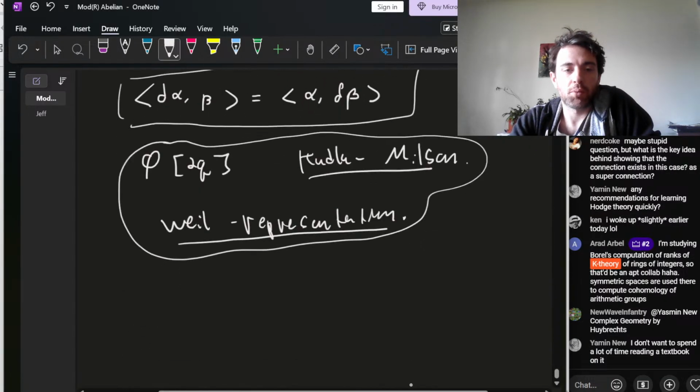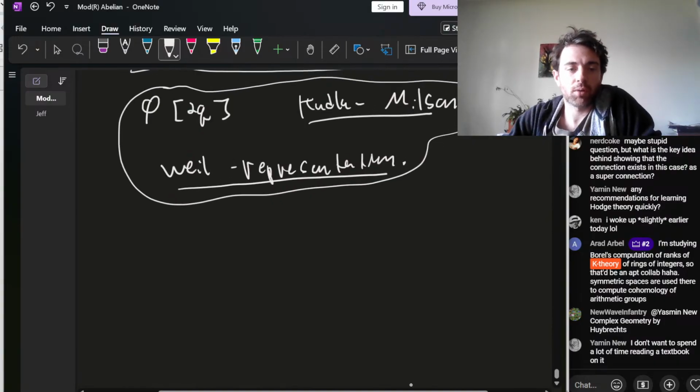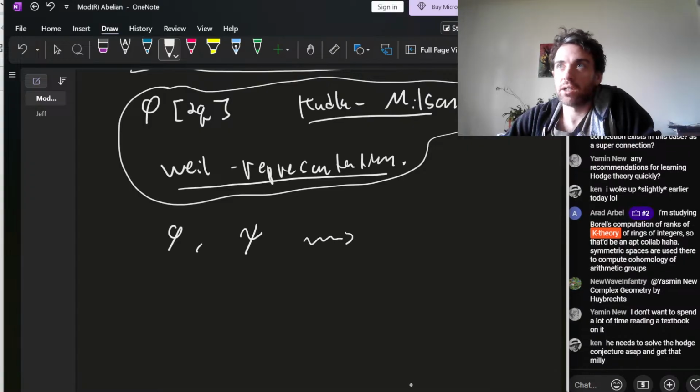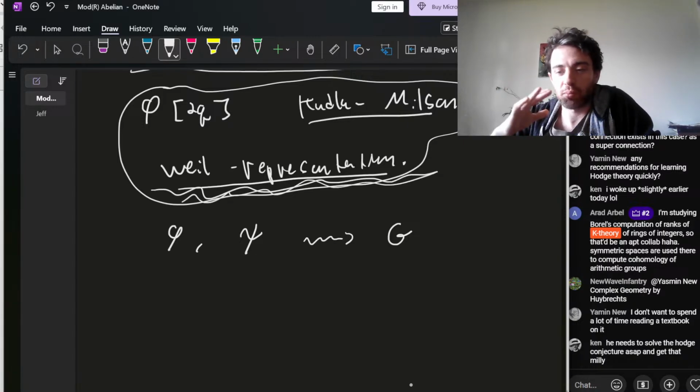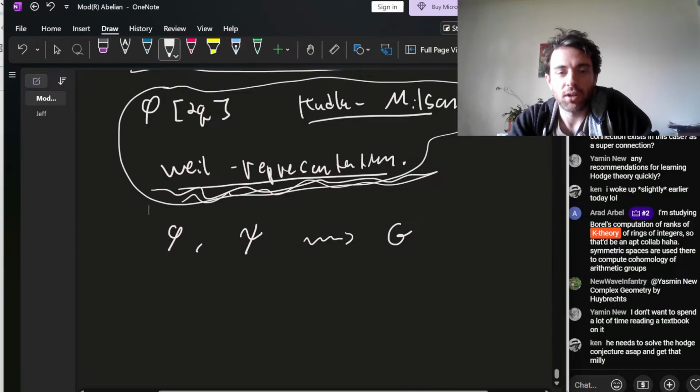And then the point is that these forms, phi and psi, should somehow generate representations of G, somehow passing through the Weil representation. Again, I'm murky on these details. I proved some basic things, like using the theory of weights, they generate a highest weight representation, something like this.